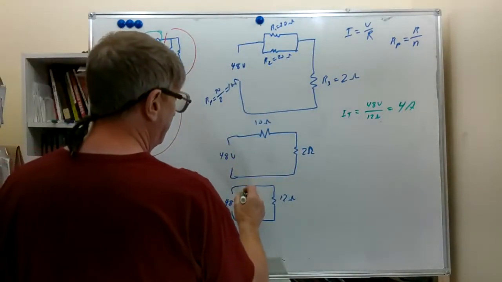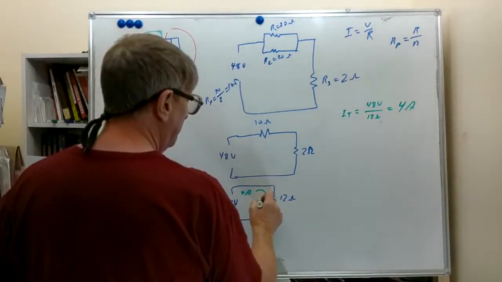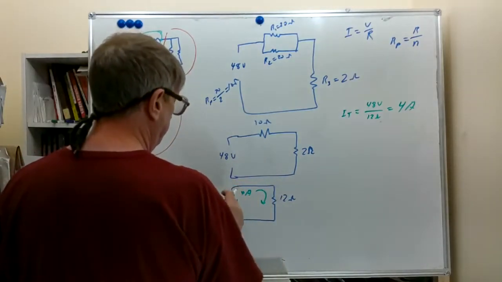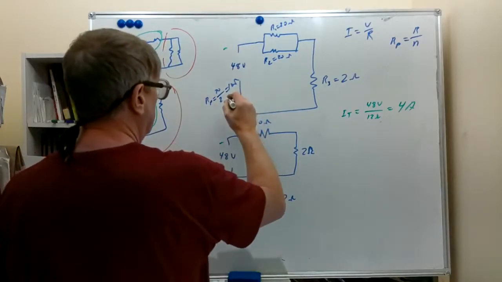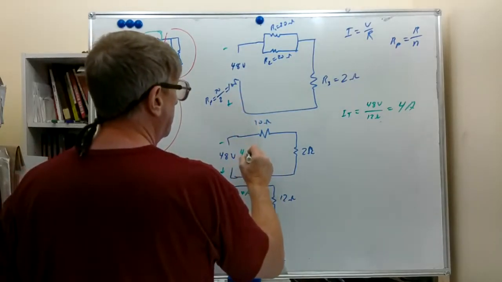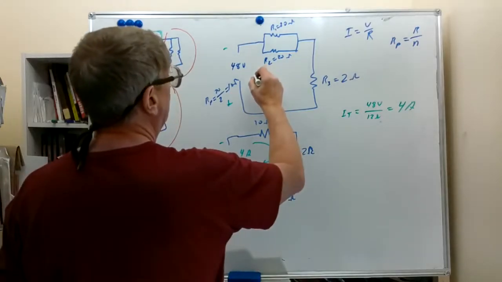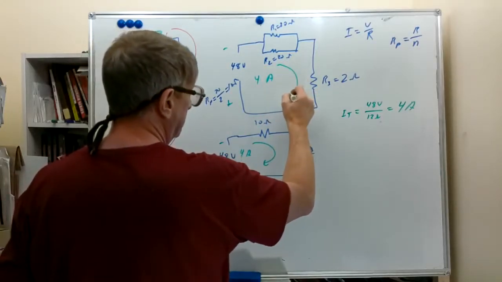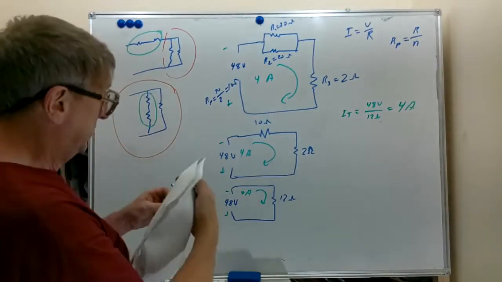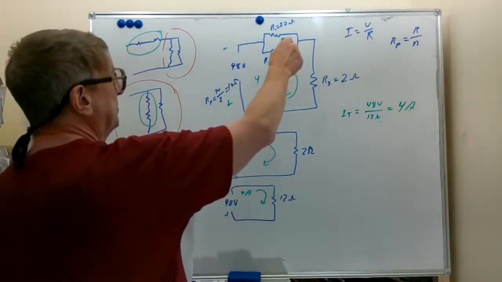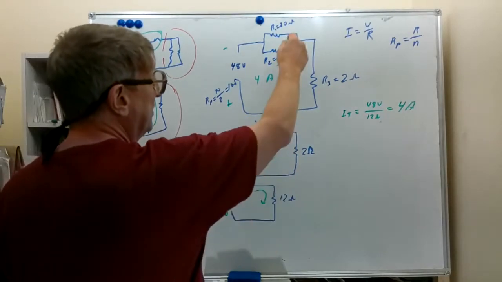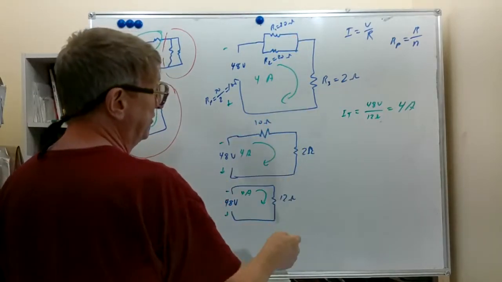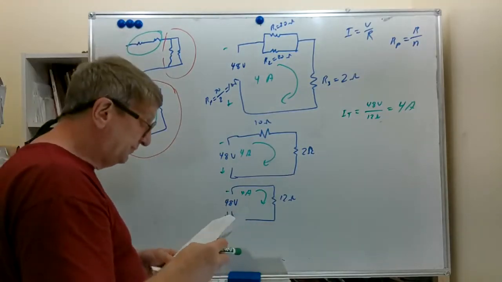So we have 4 amps in this circuit. I'm going to put some polarities on them so my arrows match. 4 amps. 4 amps. So we simplified our circuit by substituting the parallel branches and combining the series branches to get the total.